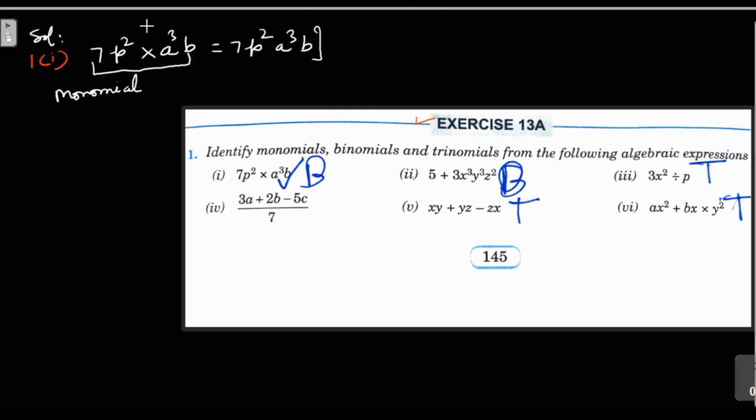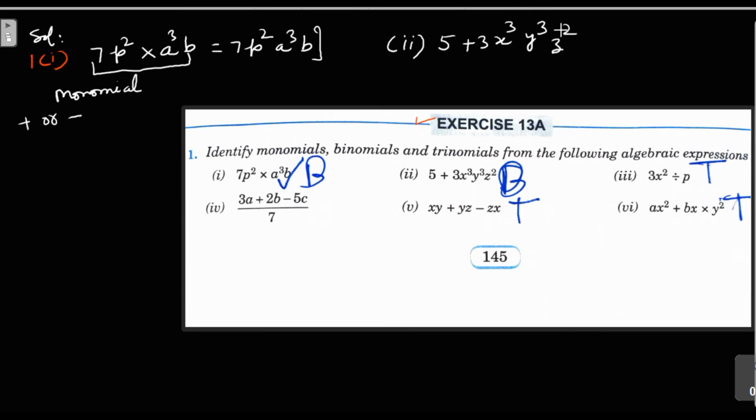It becomes a binomial or trinomial only with the signs of positive, plus or minus, as I have told in the earlier video. Now we will move on to part second: 5 plus 3x cube y cube z square.